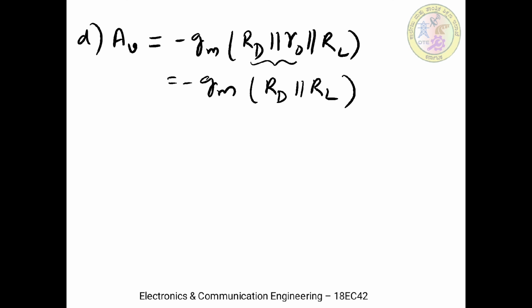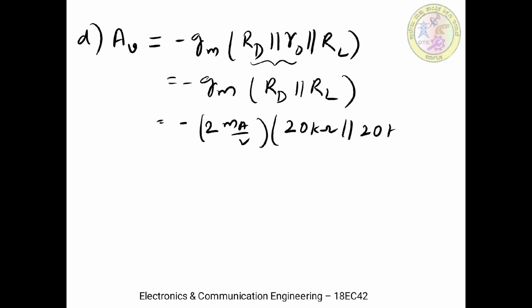This is nothing but minus Gm value 2 milliamperes per volt into Rd, given in the problem as 20 kilo ohm, parallel to RL, also 20 kilo ohm. So this will be minus 2 milliampere per volt into 10 kilo ohm.